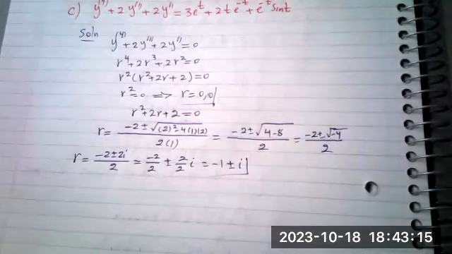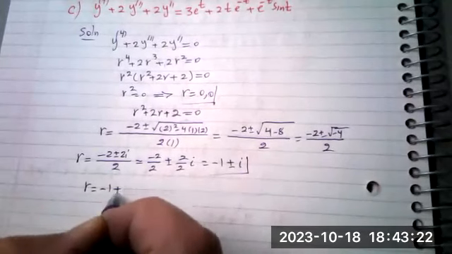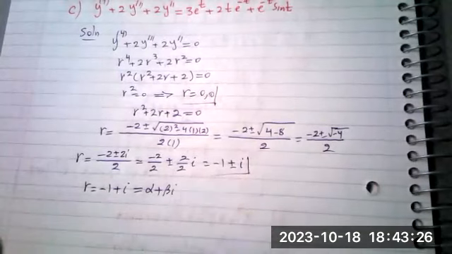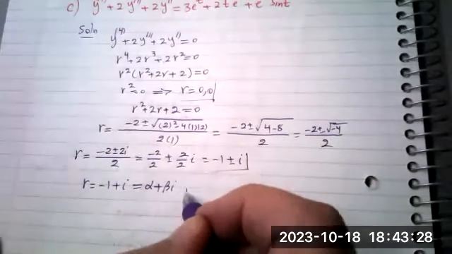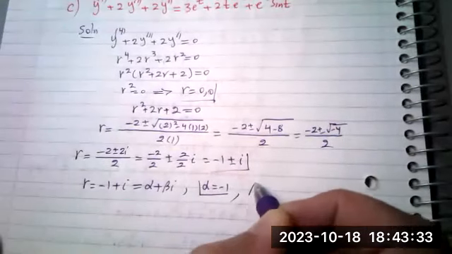Okay, you take one of them, you identify the alpha and the beta. So we take r equal to -1 plus i equal to alpha plus beta i. So the alpha would be -1 and the beta would be +1.